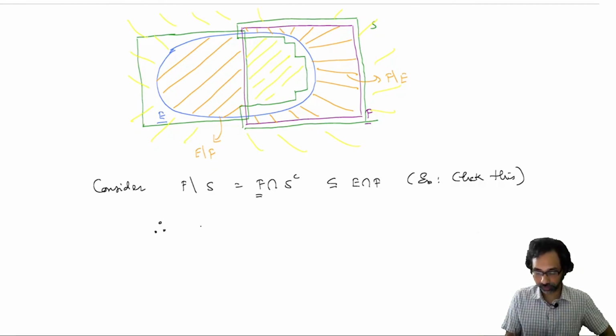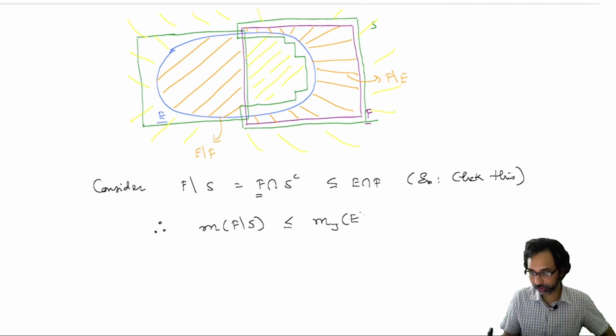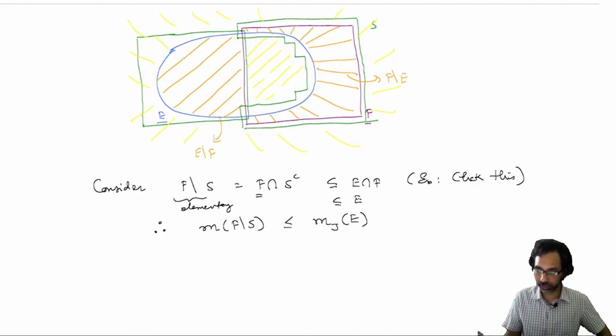Therefore, the elementary measure of F minus S is less than or equal to the inner Jordan measure of E, because the set F minus S is an elementary set which lies inside E intersection F, so it also lies inside E. And so by the definition of the inner Jordan measure, we have this inequality.